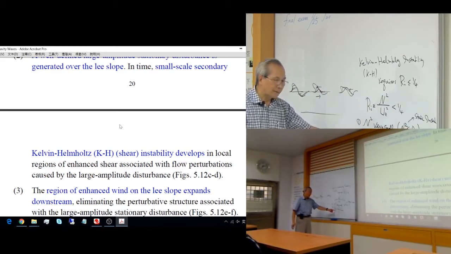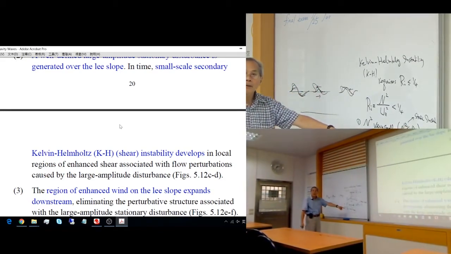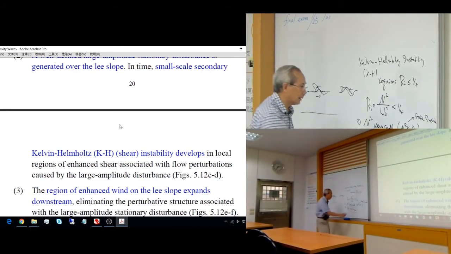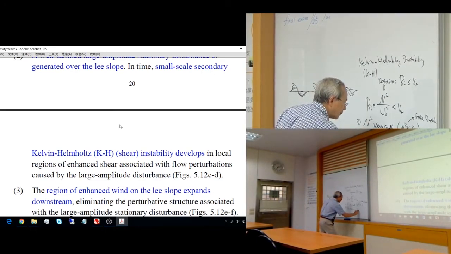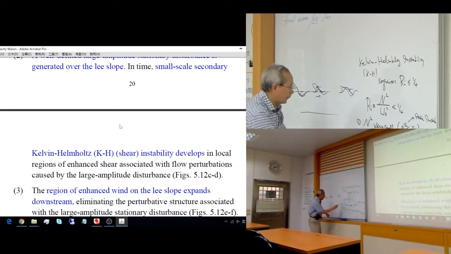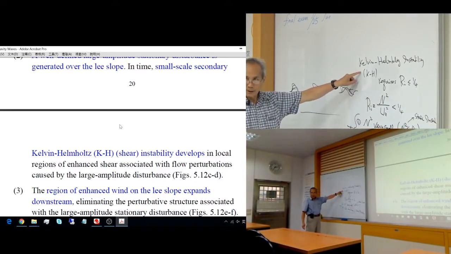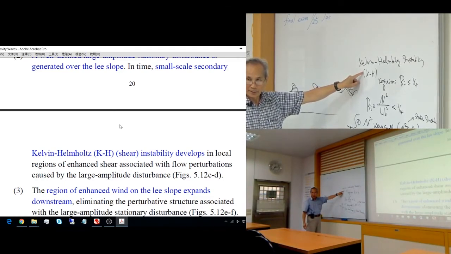And when U_z is very large, shear is very strong. That gives you shear instability. But if you add these two together, that's Kelvin-Helmholtz instability.